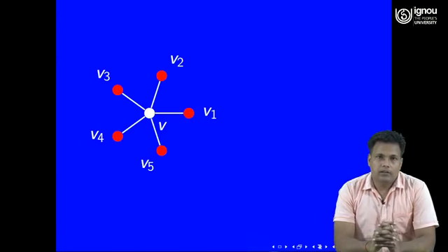For example, in this graph you can see that vertex v is adjacent to all the vertices which are colored red, that is the vertices v1, v2, v3, v4, v5. So all these vertices form the neighborhood of v. However, you can see that each of these vertices has exactly one neighbor, namely v.